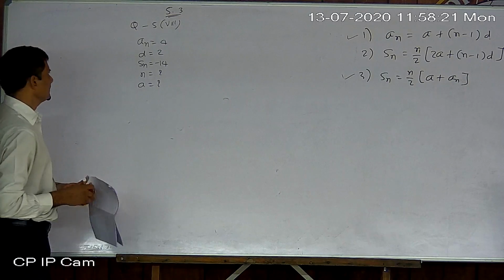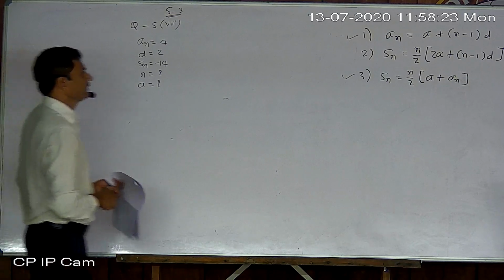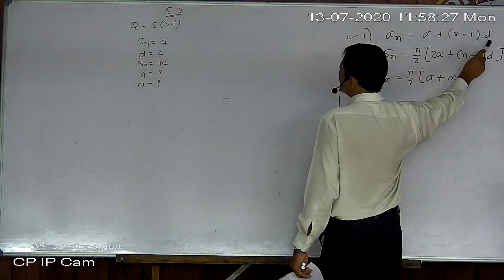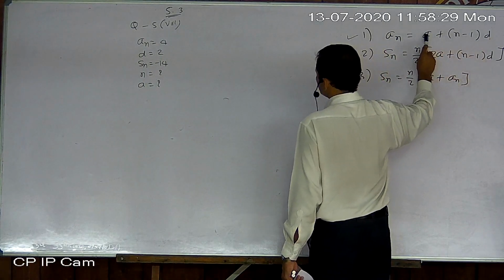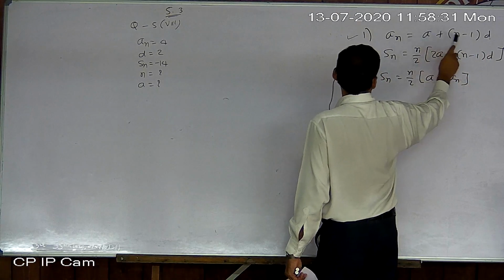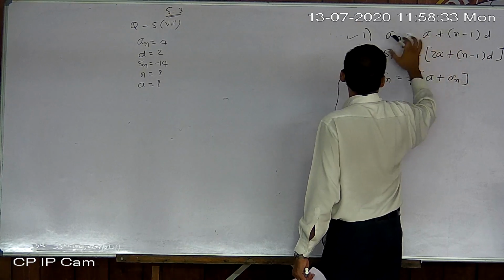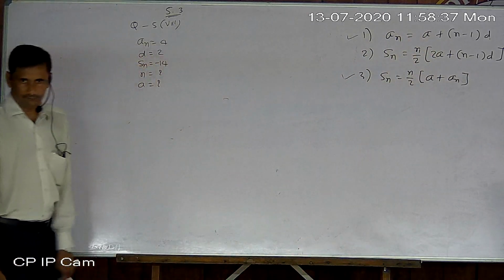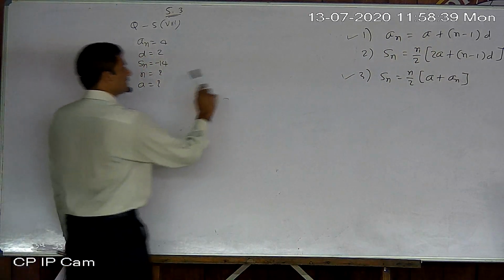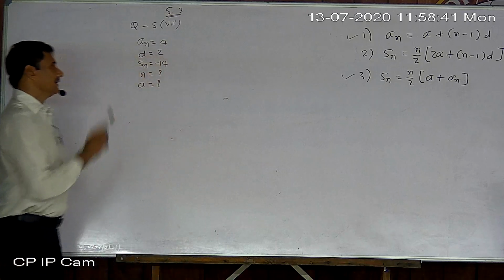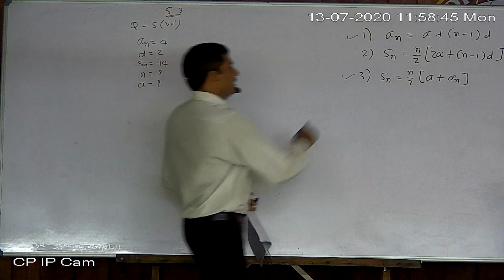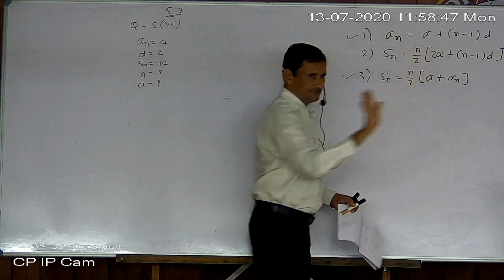So look at the first one. a is given, d is given, a_n is asked, and n is not given. So again two variables are missing in the first one: a and n are not given. Now look at the second one. In the second one also S_n is given, but a and n are not given. So a single equation is not possible.